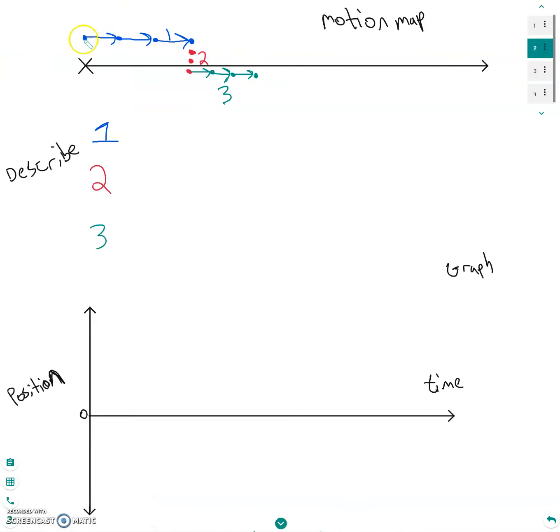So if we look at part 1 here, this object starts at the point of reference, right? So it starts at the reference point, okay? And then it's going to be going in the positive direction with a constant velocity. Okay? So what does that look like on our motion graph?